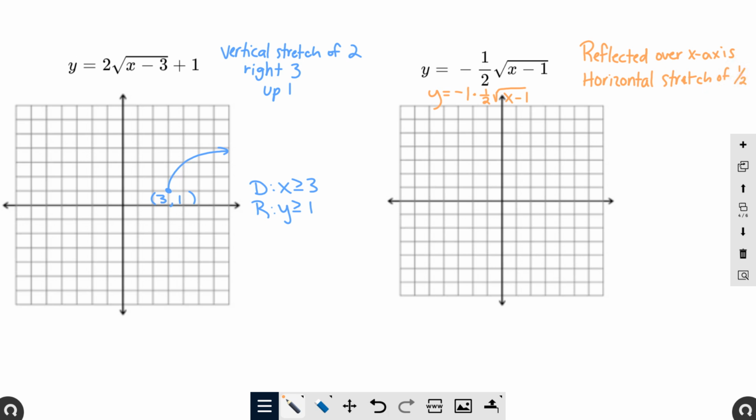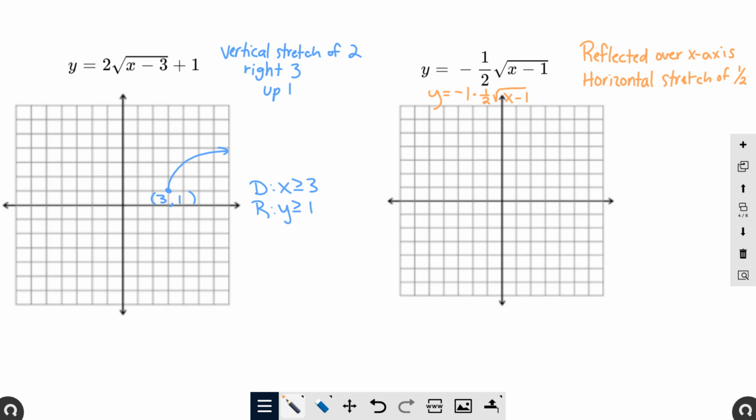So you have to keep those two separate. So a negative and the number are two separate quantities, two separate things, okay? So if it was a negative 2, you wouldn't say a horizontal stretch. It would be reflected with a vertical stretch of 2, okay? So keep those two separate.